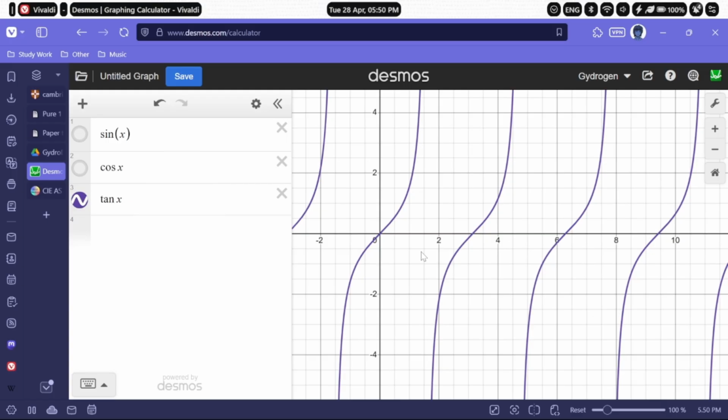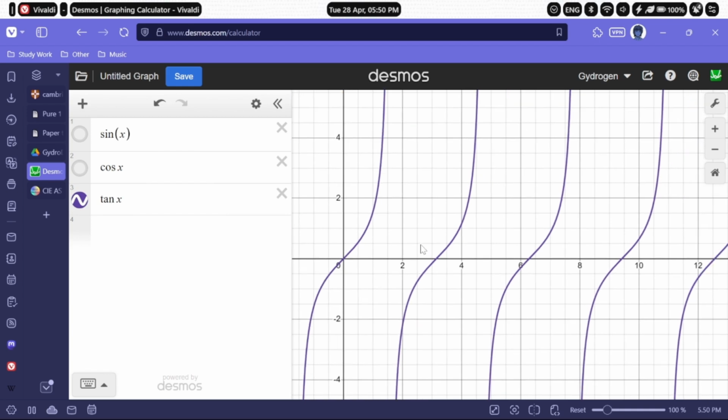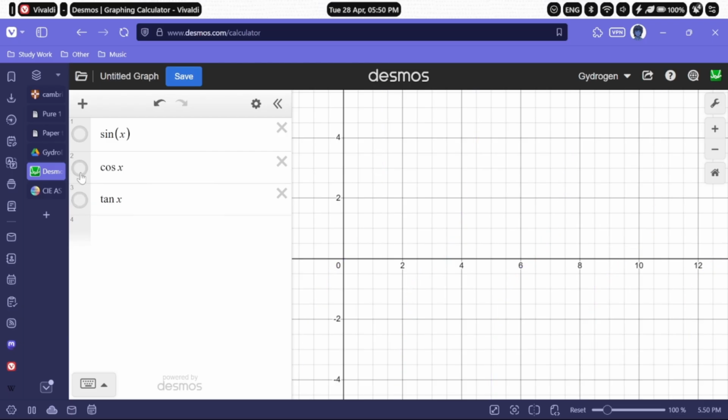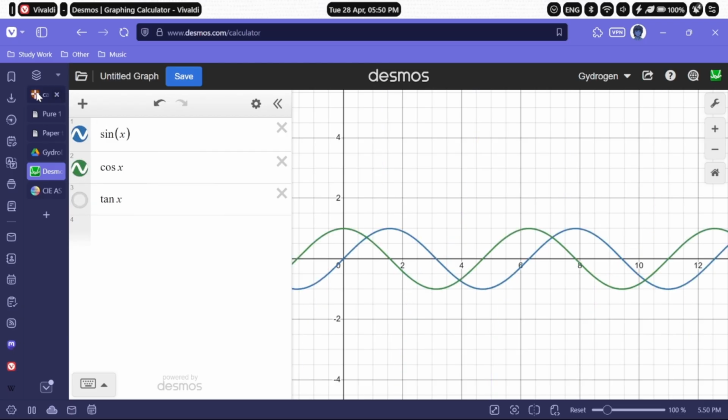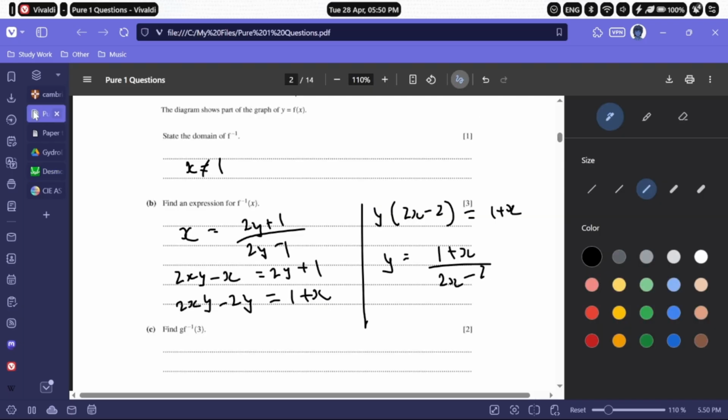In this case, it's pi by 2 because the scale is in radians, and you'd keep on adding pi. So for a tan graph, the graph repeats every pi radians. And for cos and sine, it oscillates every 2 pi radians.